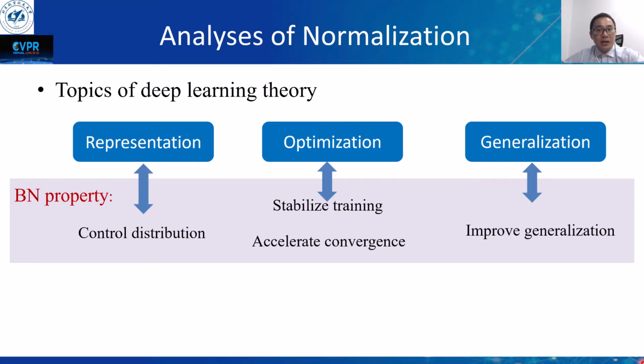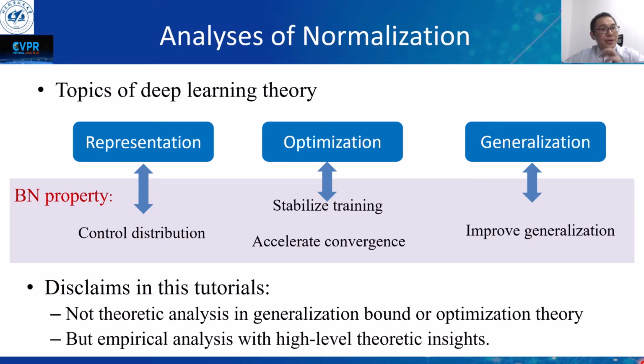For example, stabilizing training, accelerating convergence, and improving generalization. We will show how batch normalization benefits optimization and generalization, and show how BN affects the representation by using its batch size to control the distribution.